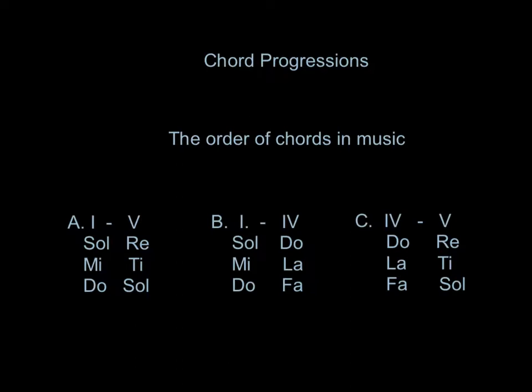Here is this B progression, 1 to 4. Alright, here is the 4 chord. And then we go back to that 1 chord. Alright, and now here is C, our 4 and 5 chord progression.